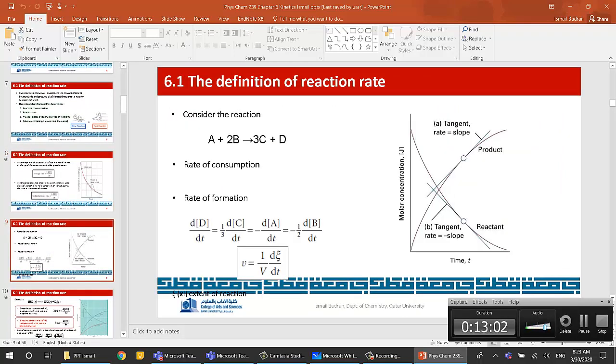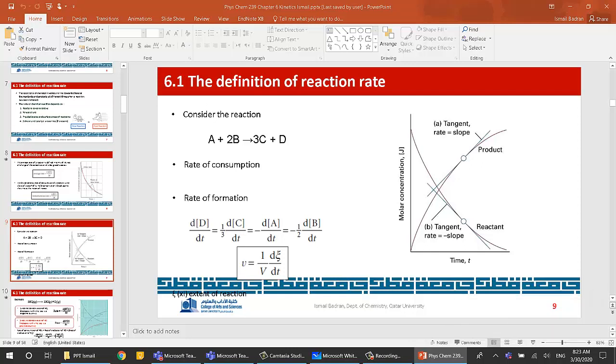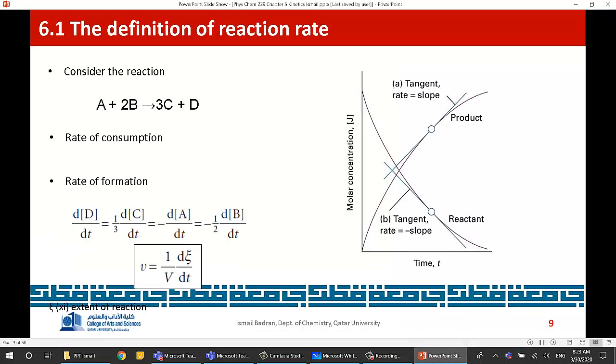Now, let's consider a reaction that is A plus 2B goes to 3C plus D. Clearly here, the rate at which A is disappearing or being consumed is different than the rate of disappearing of B, because the molar ratios are different.